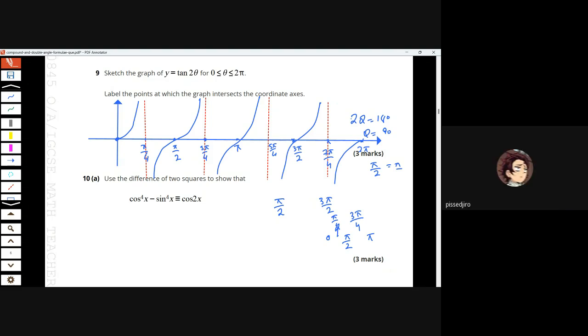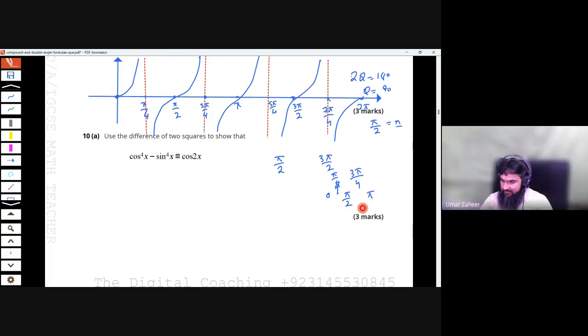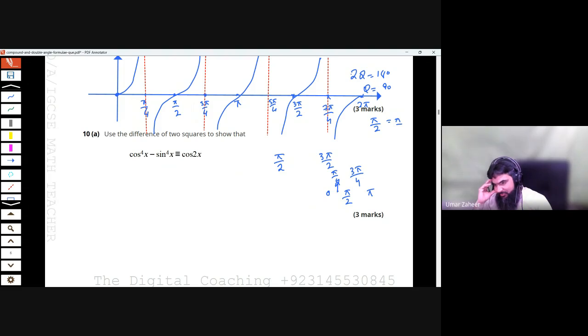Clear, sir. Yes, sir. Okay, use the difference of two squares to show that cos of 4x minus sine of 4x is equal to cos of 2x. It is a very important question. Okay, look here. If I take the left hand side, I can write it as cos square of x whole square minus sine square of x whole square.